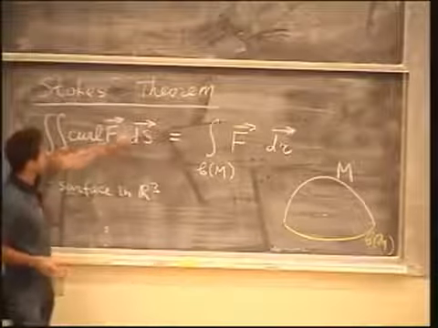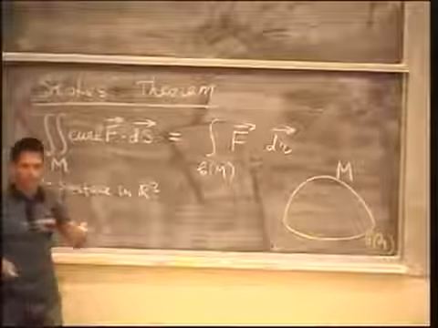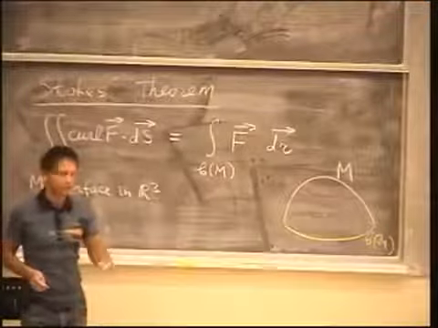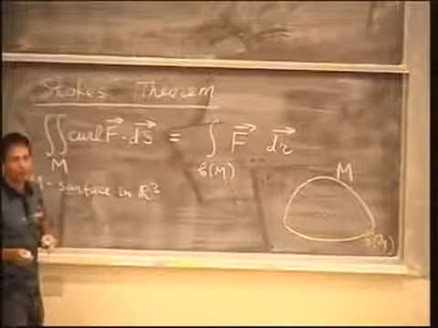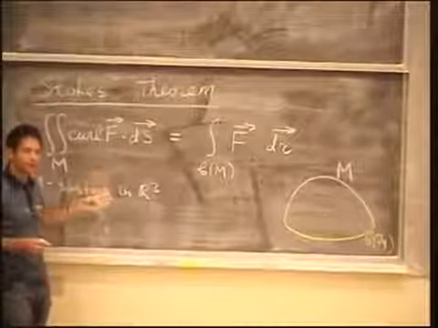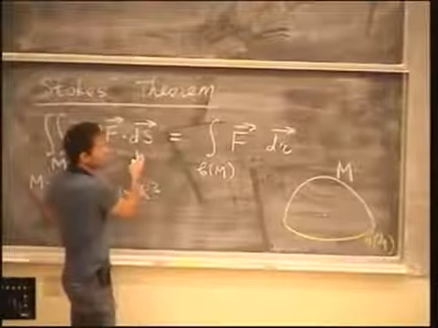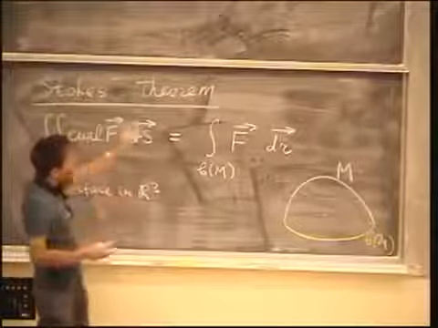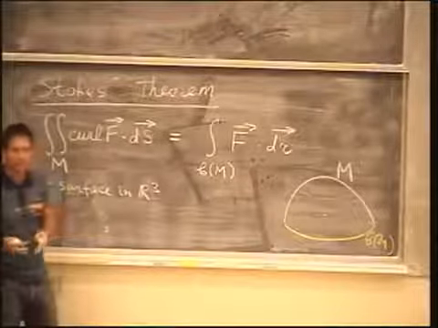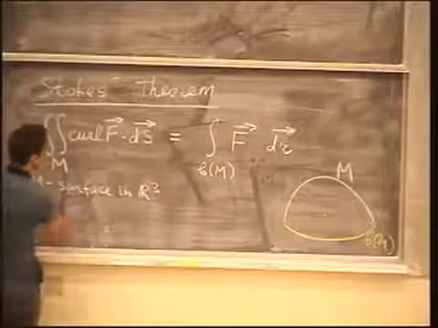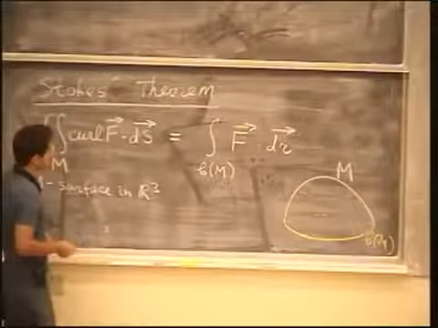So that notation here represents a surface integral, an integral of a vector field over the surface, also known as a flux. Today we will define integrals of this type, so that finally we'll be able to say what we mean by the left-hand side, and at least we'll be able to make the statement of Stokes' theorem, which we will then discuss next week. Okay, so that's the plan. We would like to learn surface integrals.